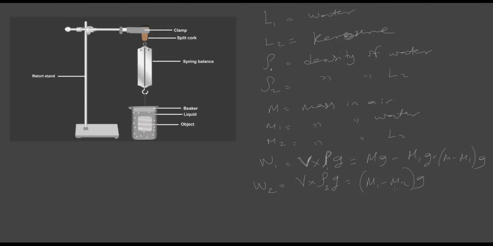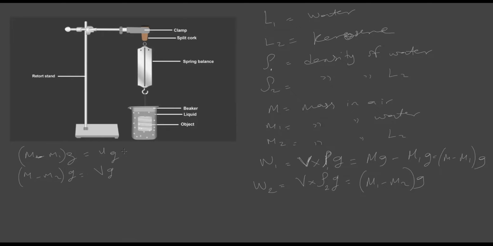Okay, now let's substitute the U and the V. Since we know that (m minus n1)g is equal to UG, and (m minus n2)g is equal to VG. Now we can take this ratio.